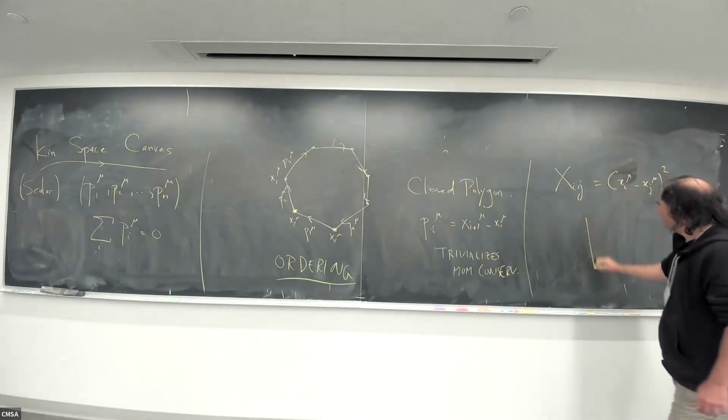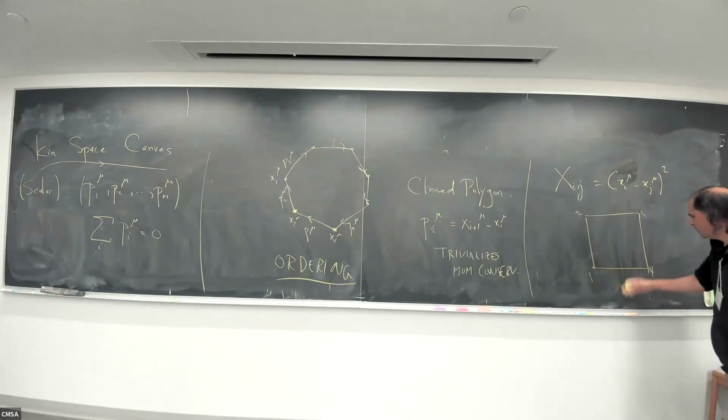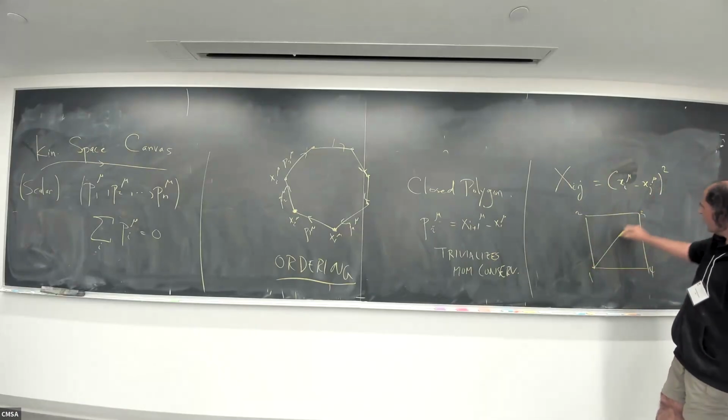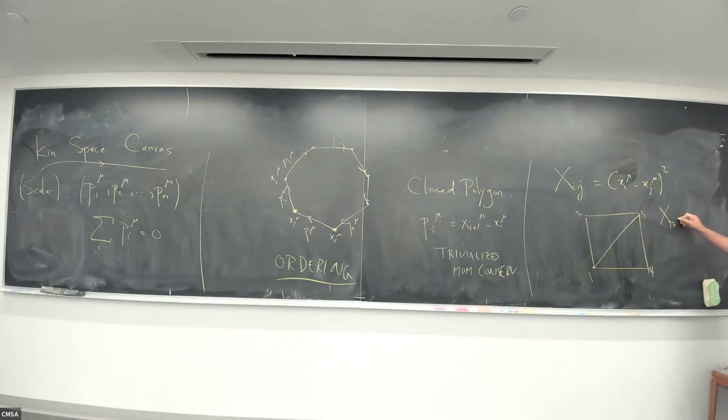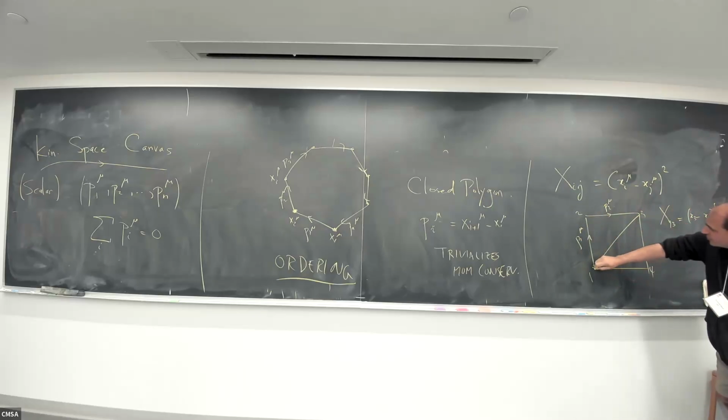So for example, if this was my polygon, then I could define x13 to be little x3 minus little x1 squared. But remember, this is P1 and this is P2. So x13 in terms of the momentum is also P1 plus P2 squared.